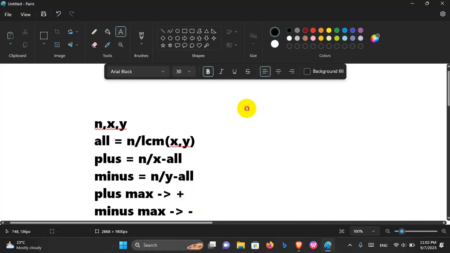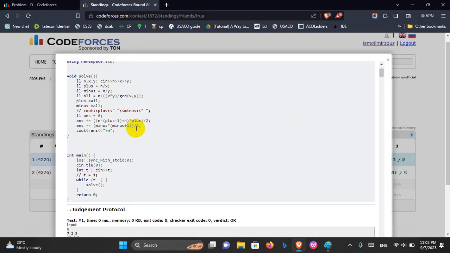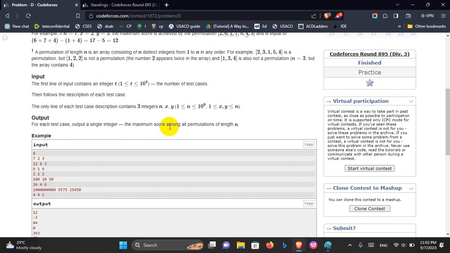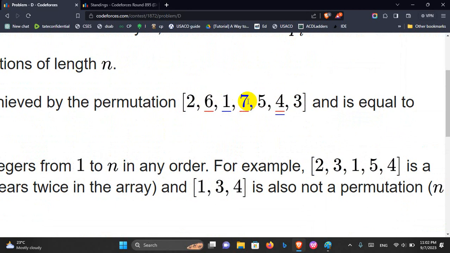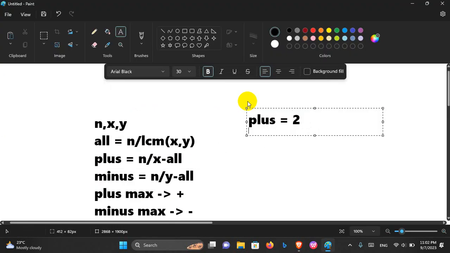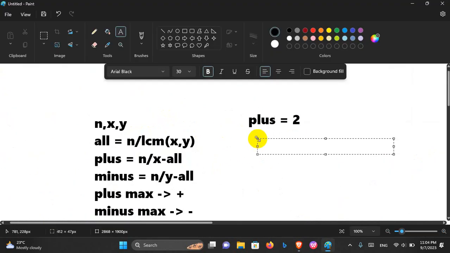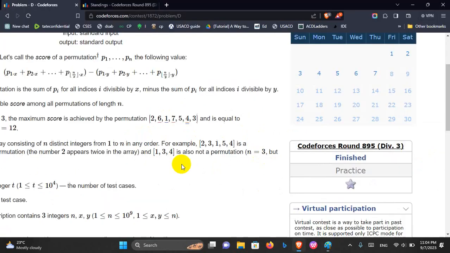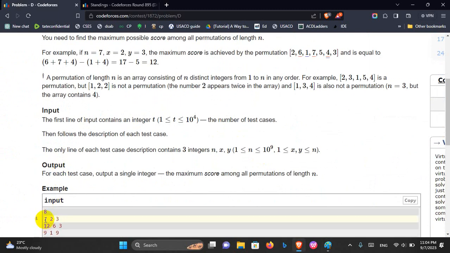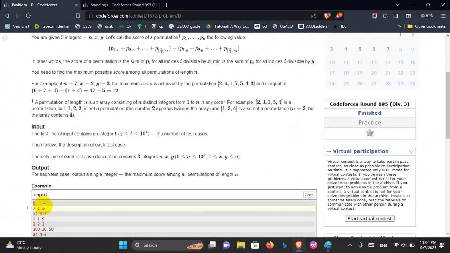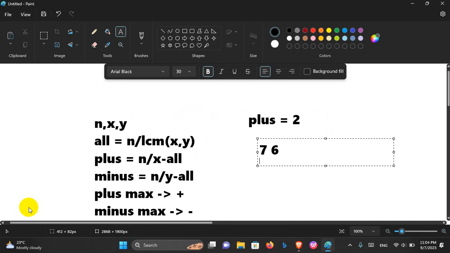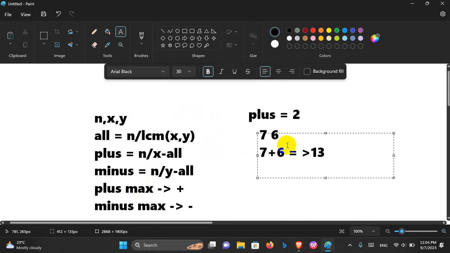For example, in the first case, our plus is 2. So we will get 7 and 6, because n was 7. So 7 plus 6 is 13. How can we derive a formula for this?